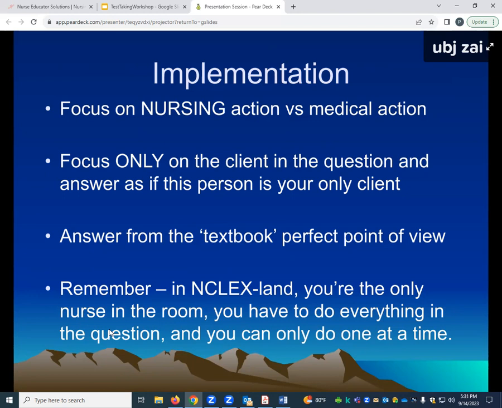Well, that might not be a textbook sign or symptom of gallbladder problems. Grandma had it. So also remember, in NCLEX land, you are the only nurse in the room. You have to do everything that's in that question, and you can only do one thing at a time, because they are testing you on whether or not you can prioritize and do the first thing first.